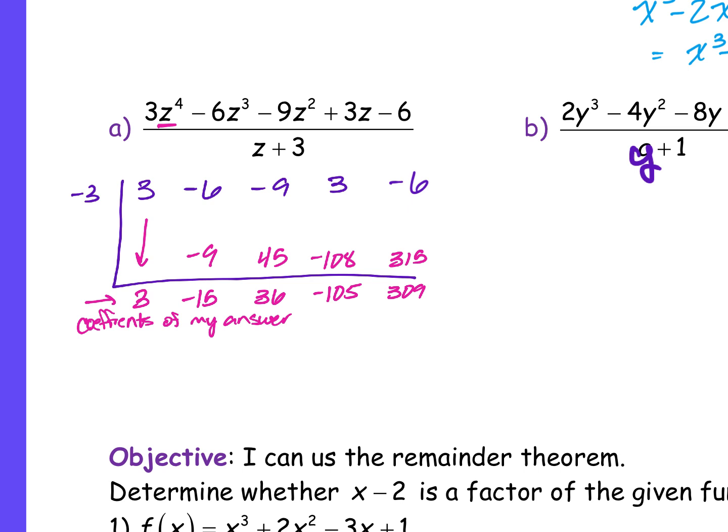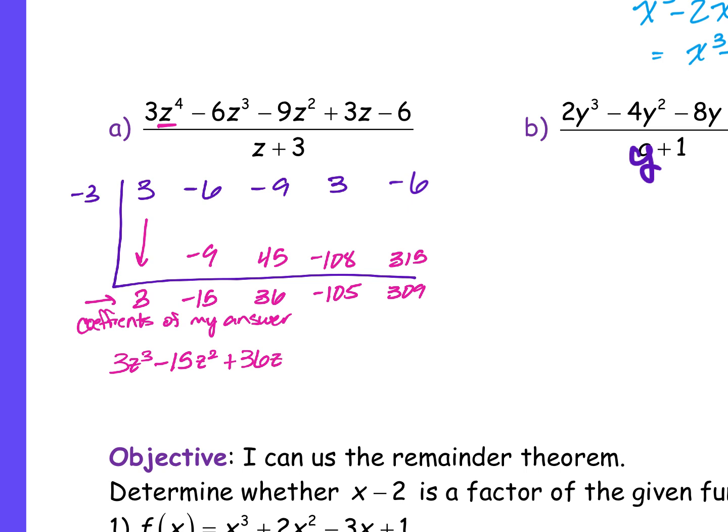So I'm just going to use these as my coefficients. That means I'm going to start with 3z cubed. My next coefficient is what? Negative 15. And then I go down one more, z to the 2nd power. Yep, exactly. And then my next coefficient is 36z.